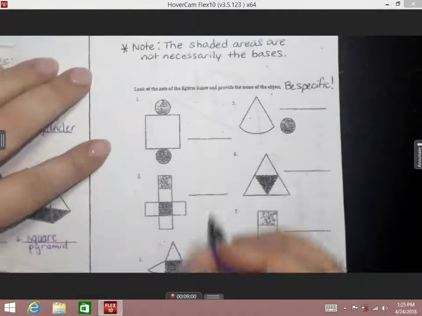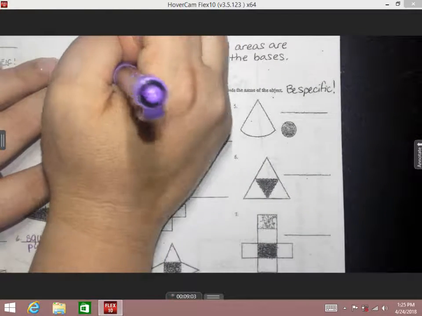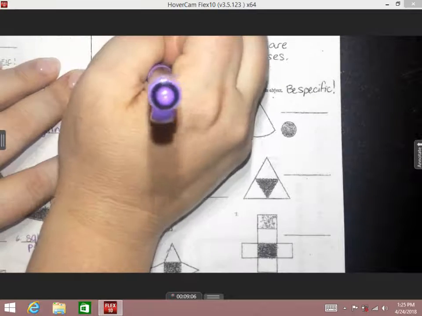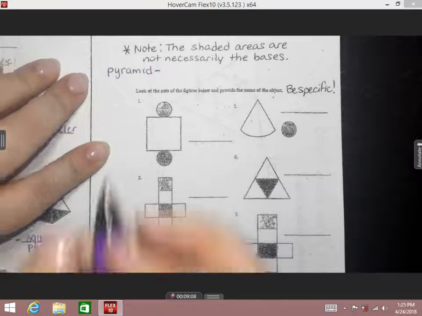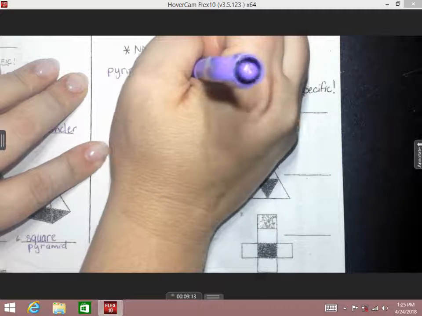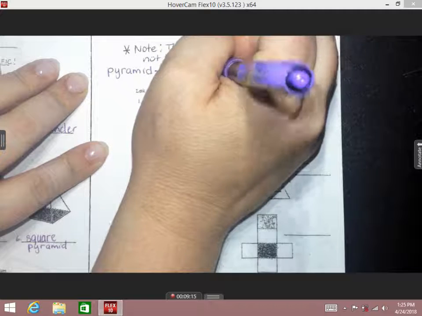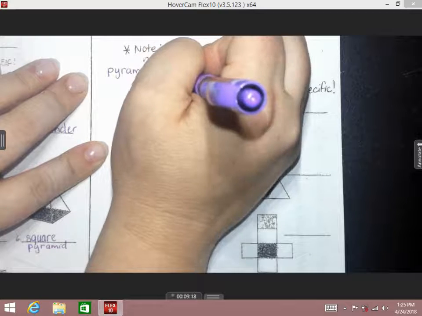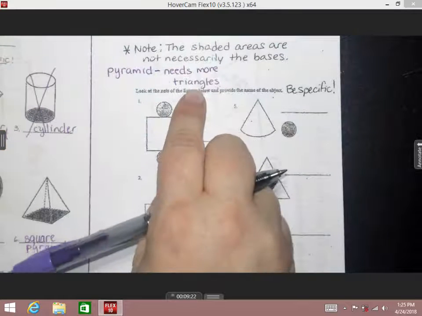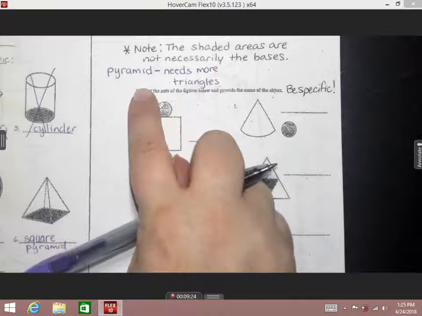So here's my hint for you. All right, we're going to write this at the top. It's a pyramid. A pyramid, if it has or needs more triangles. So when I unfold it, if it has a bunch of triangles, I know it's a pyramid.